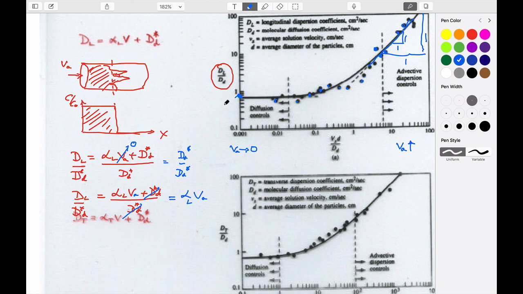It occurs very slowly, and if you normalize it by diffusion, you get 1. If you look at much higher velocities, then diffusion becomes trivial. It cancels out. And this term now shows that the value of this coefficient is a constant, because it's just a constant that multiplies by this. Because now as you increase this by a factor of 10, this goes up by a factor of 10 also.